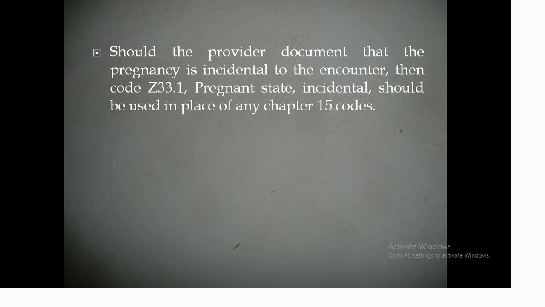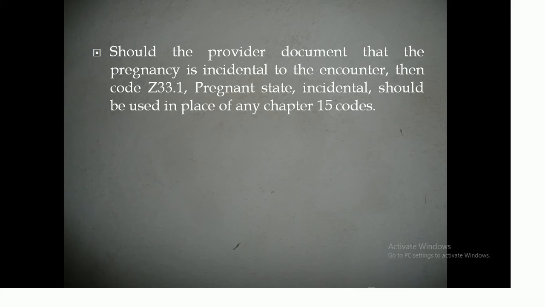And in that, if by doing the pregnancy test the physician finds that the patient is pregnant and confirms it, in that case we have to give Z33.1. The patient also doesn't know that she is pregnant; incidentally, unknowingly, she got to know she is pregnant through the lab test ordered by the physician.